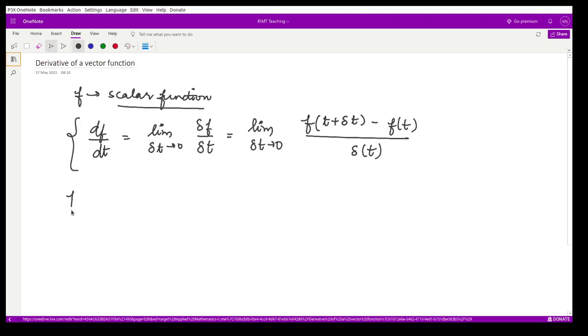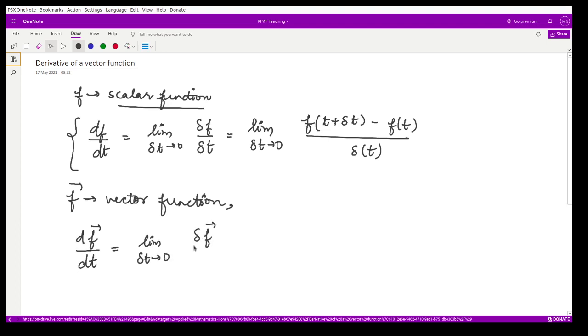Now if instead of a scalar function we have a vector function, we go with the same definition. If this is a vector function of a single variable t, then its derivative with respect to t is defined in a similar way, but using the vector function.